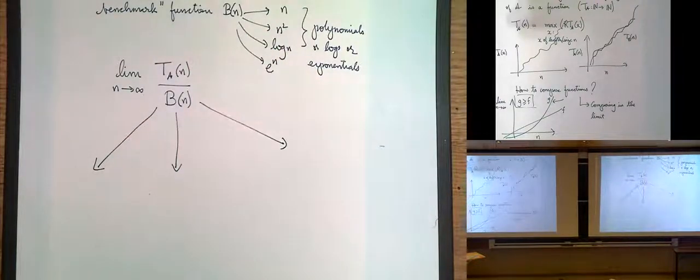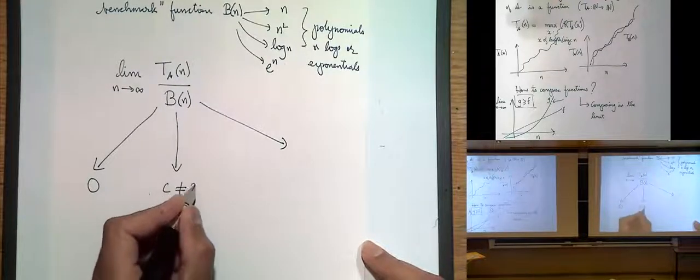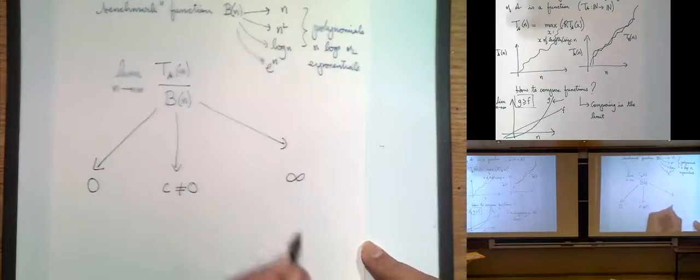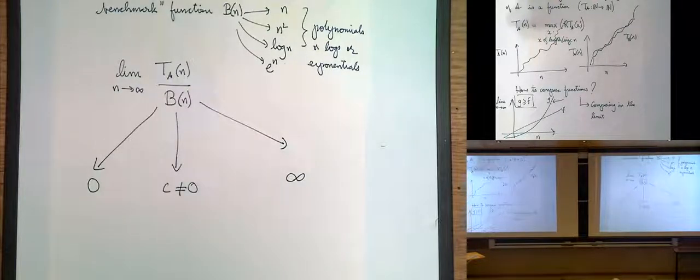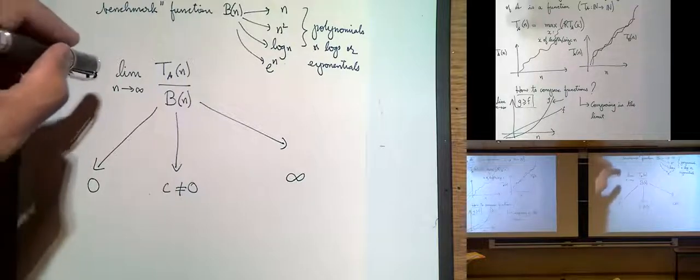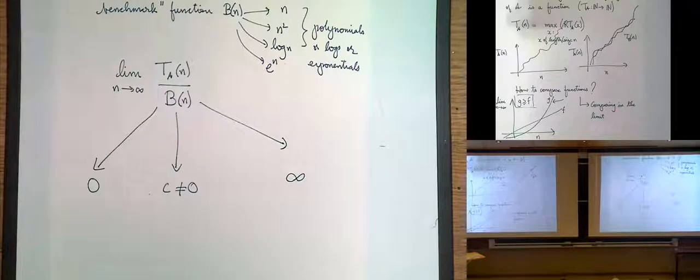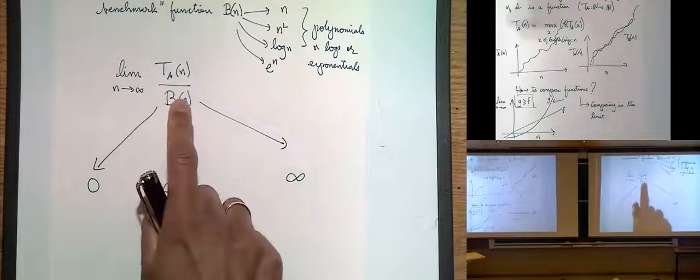The limit could be 0, it could be a constant that is not equal to 0, or it could be infinity. Now, technically, there are situations where the limit doesn't exist. Does anyone have an example of a function where the limit as n goes to infinity does not exist? Yeah? Okay, what's an example? If b of n approaches 0, the limit will become infinity.